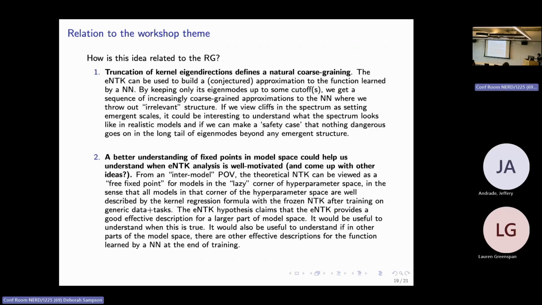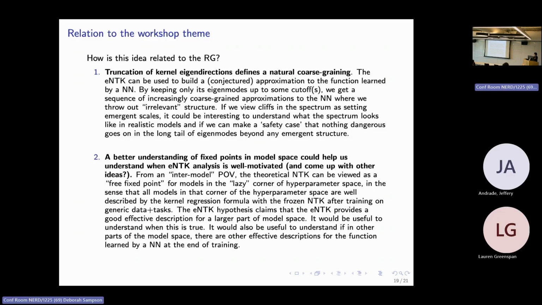From a certain point of view, you can think of the theoretical NTK as a free fixed point for models in this lazy corner of the hyperparameter space, in the sense that any models in that corner of model space trained on generic data and tasks will end up being described by this kernel regression formula with the frozen NTK after training. The ENTK hypothesis conjectures that the same formula with the ENTK instead of the theoretical NTK gives a good effective description for the function learned by a model on generic data and tasks in a larger part of the model space.